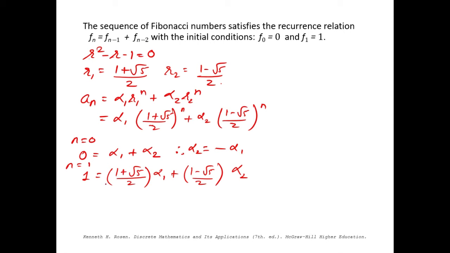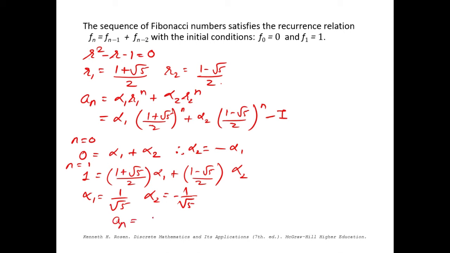simultaneously linear equations, if we solve them further, I'm not going to go into the details of this, but I can say that alpha 1 is equal to 1 upon root 5, and alpha 2 is equal to minus 1 upon root 5. So solve these two simultaneous linear equations to get the values of alpha 1 and alpha 2, and then substitute these two values in equation 1, and we get the sequence solution for this.